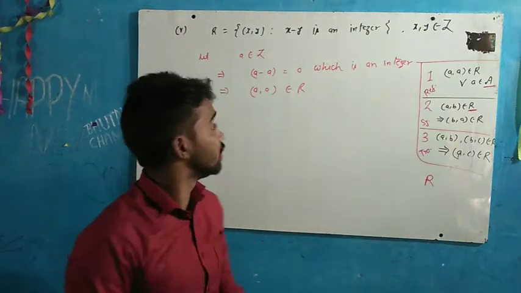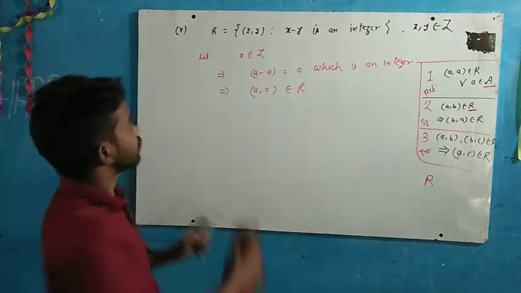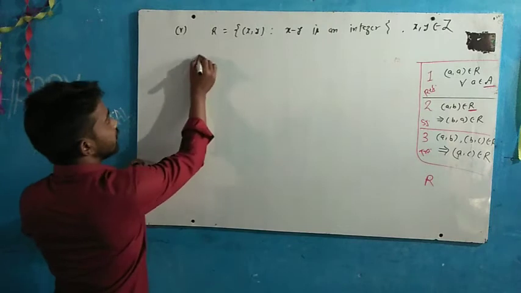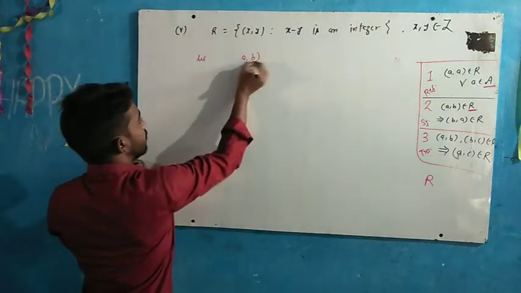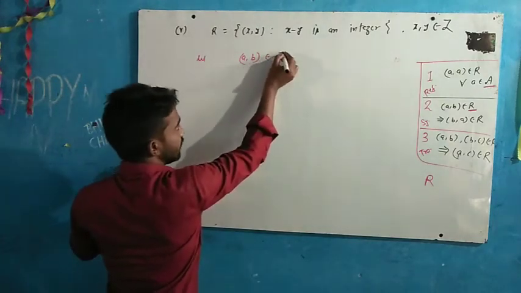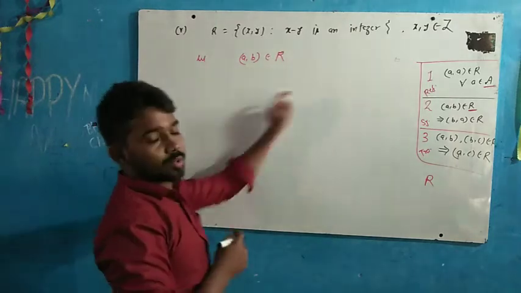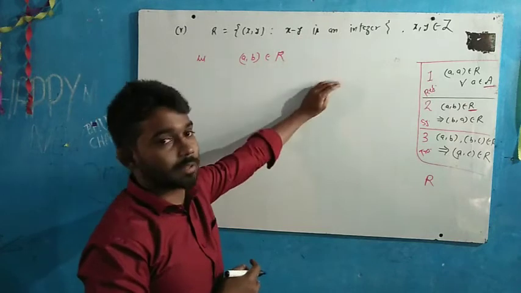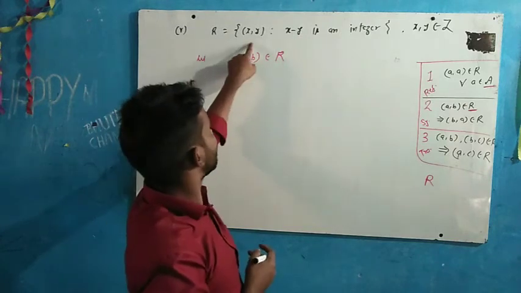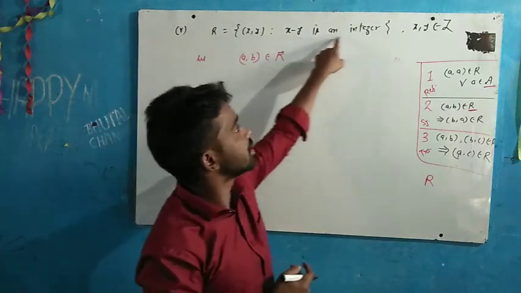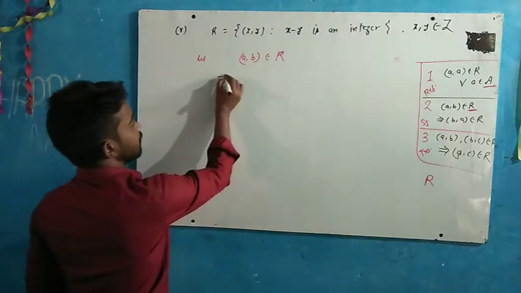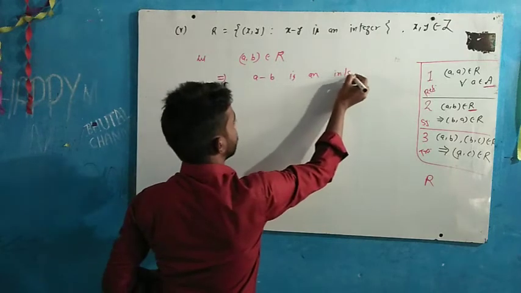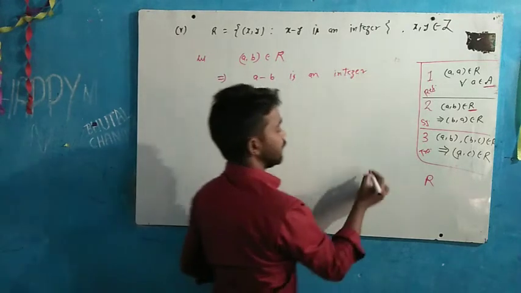Get me? Now like that we will show the symmetry. See the symmetry. Let (a, b) belong to R. So here, somehow, we will show that (b, a) also belongs to R, so it will be symmetric. See, if (a, b) belongs to R, it means a minus b is an integer. We know very well that if a number is an integer, then the negative of it is also an integer.